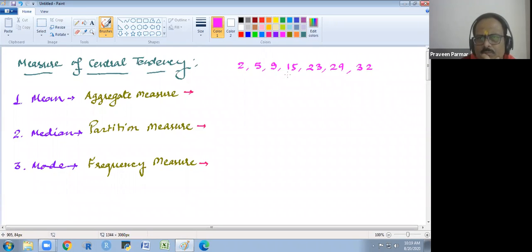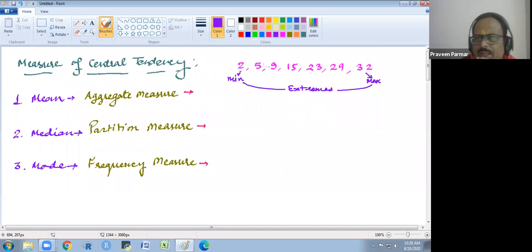If we calculate the mean of this, you see 2 is our minimum value and 32 is our maximum value of this data, because I have written it in ascending order. And minimum and maximum are called the extremes of the data. Got it?